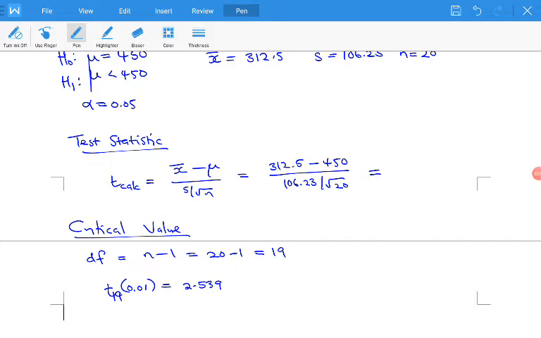Then the hypothesized mean is 450, and we are testing at 0.01. So in this case, our test statistic is negative 5.7875.